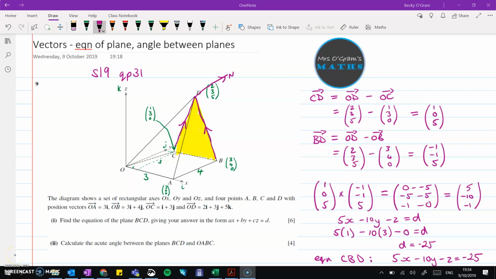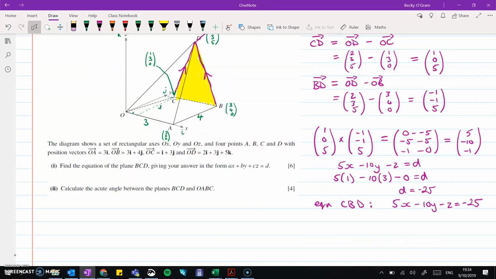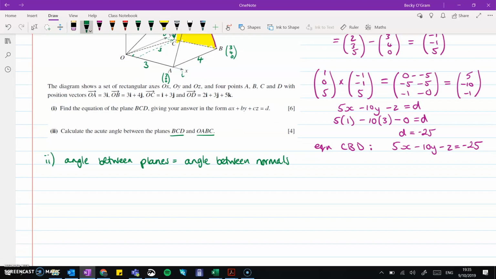And if we move on with part 2, we are calculating the angle between the plane BCD, which we just worked out, and OABC. So OABC is this plane here, just the XY plane. The angle between planes is the same as the angle between their normals. So the normal for BCD is 5, minus 10, minus 1 that we just worked out in part 1.